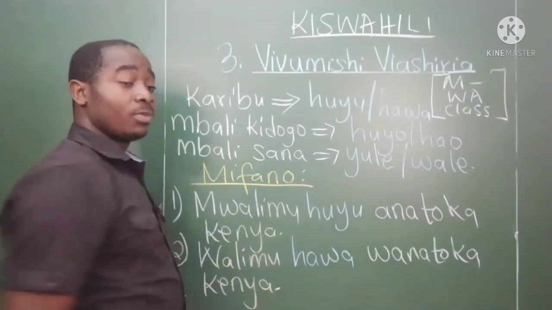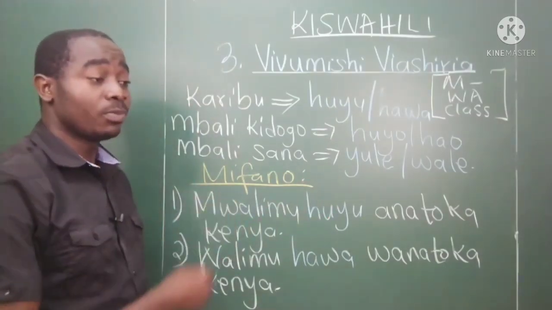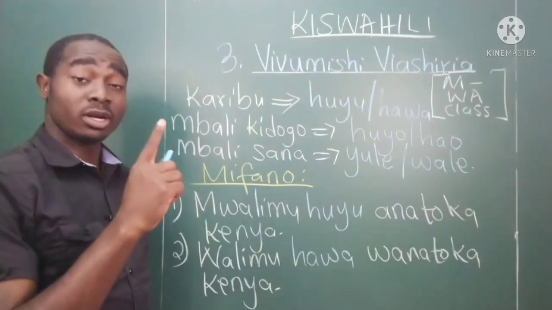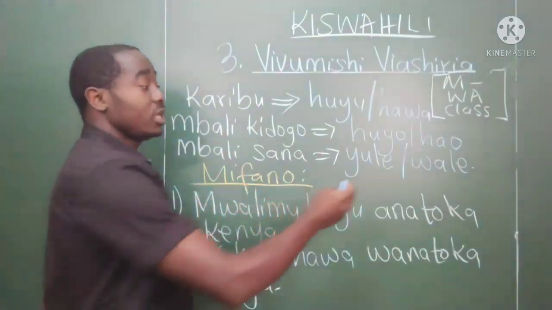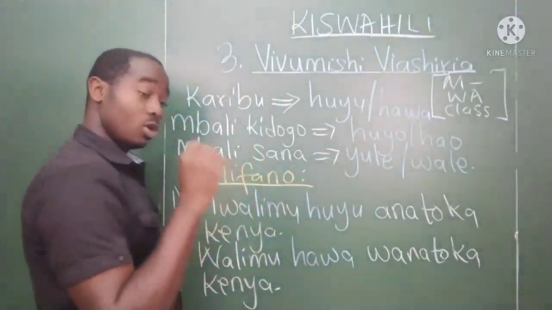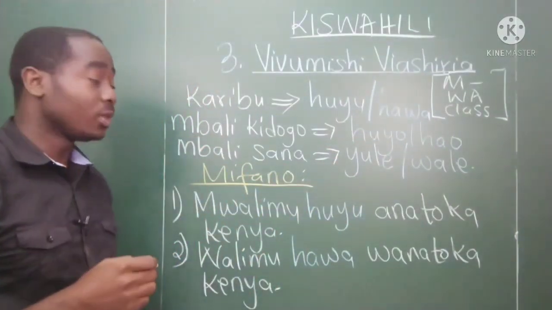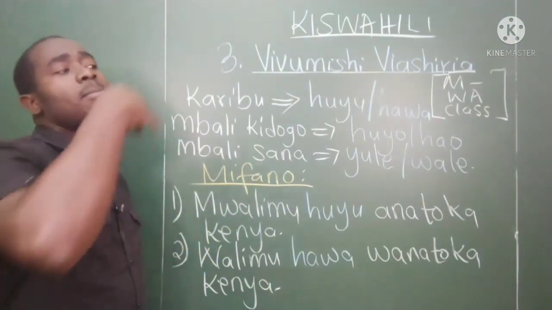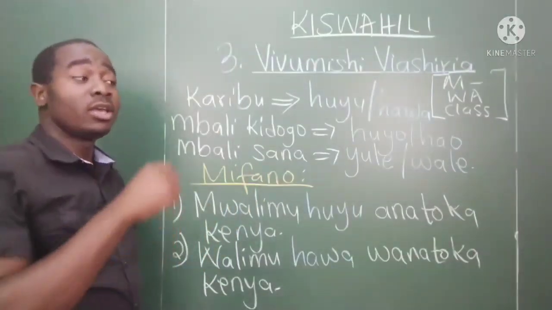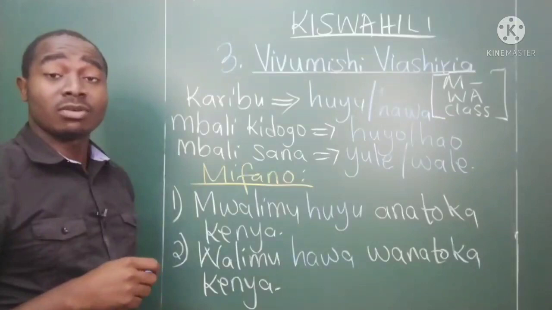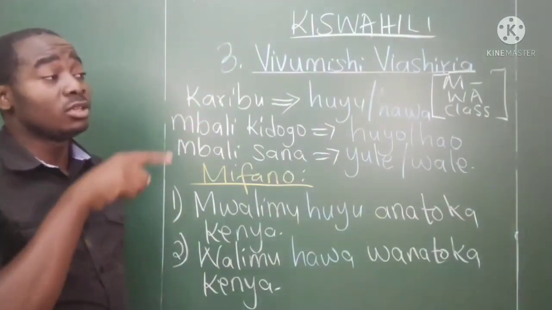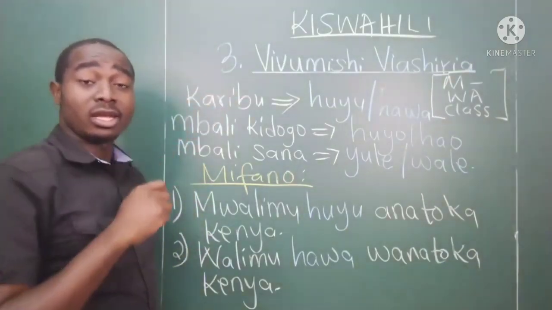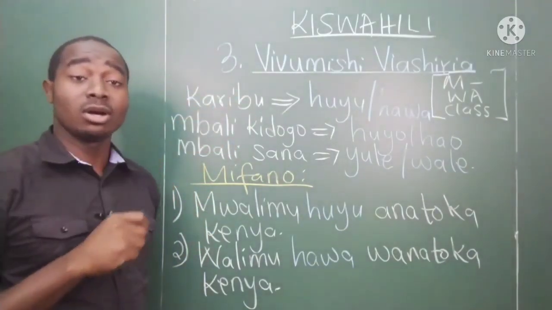You say huyo. If it's a person, you say huyo, or if it's an animal, you say huyo, if it's one. And if there are many, then you say hao. Sawa. Na tunakuja hapa, mbali sana. Mbali sana, you say yule. Then if there are many, you say wale.